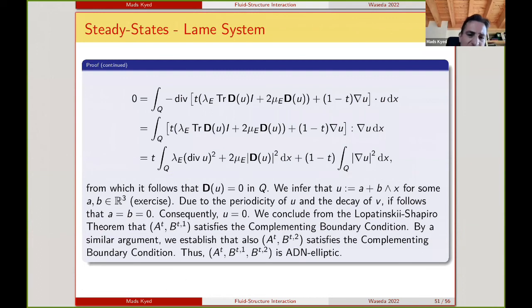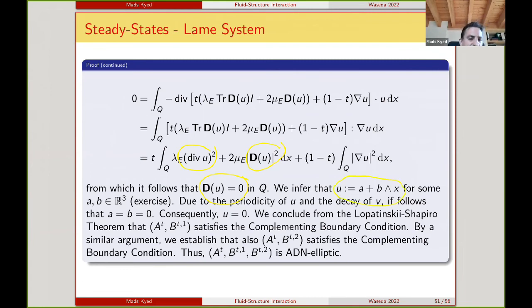Okay, but this means that all the terms are 0. In particular, the symmetric part of my gradient u is 0, and the divergence of u is also 0. When the symmetric part of the gradient of u is 0, that means that u looks like this.